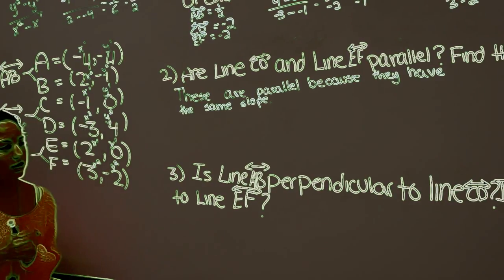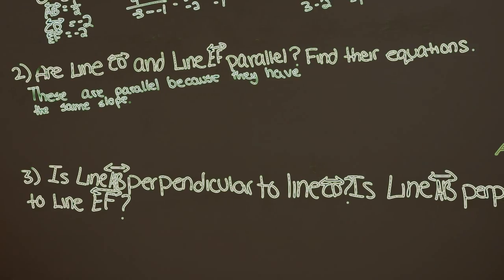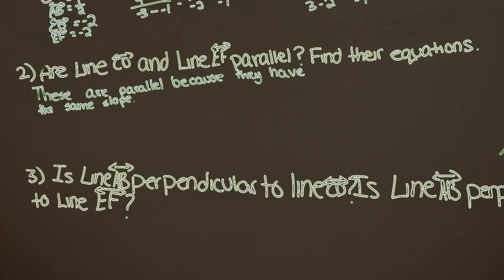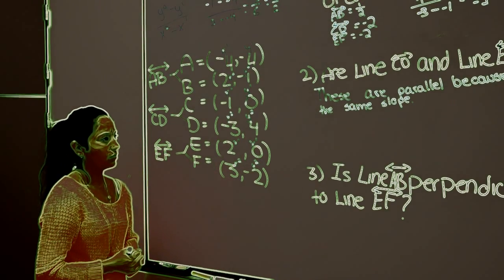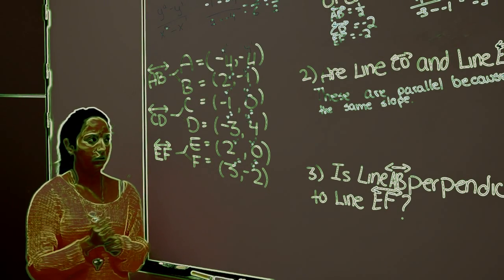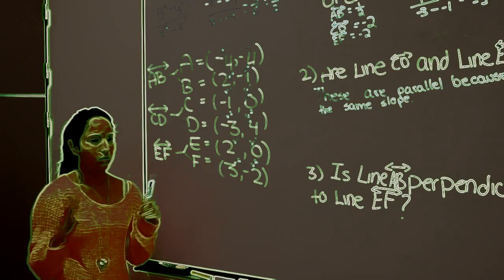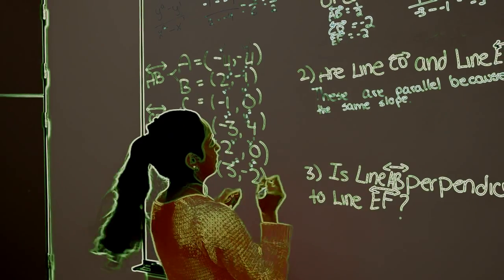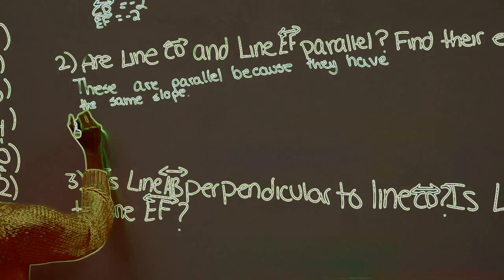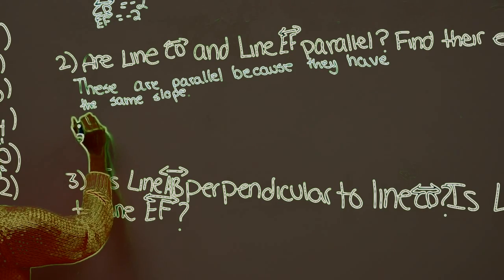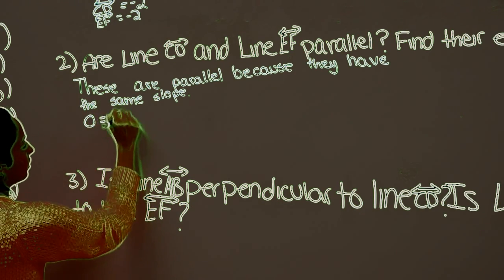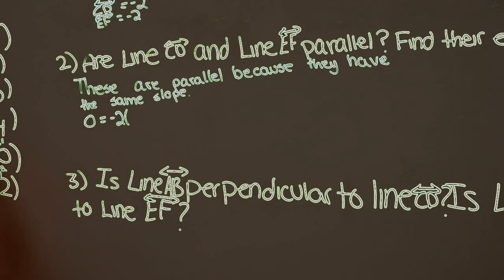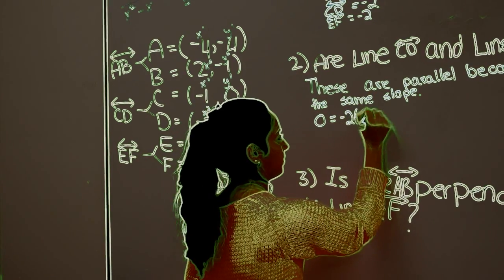The next part of the question is find their equations. We already know that their slopes are -2, and when we look at their coordinates, we can figure out what b, which is the y-intercept, is, to make the full equation. So we can take y, which is 0, and plug it in to the slope, which is -2, times x, which is -1, plus b, which is still unknown.